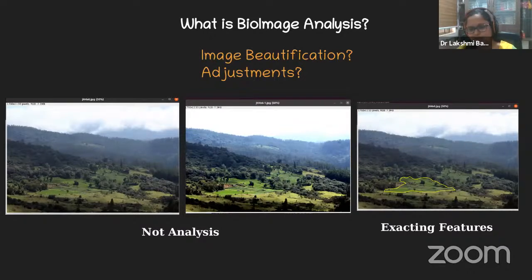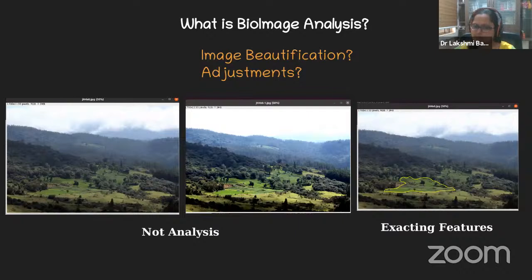What is the size of this object? What is the size of this area? In this picture, if I want to measure the size of this lawn, can I count the number of trees inside this lawn area? Are there any houses or buildings I can see? Will I be able to find them? This is what image analysis is.